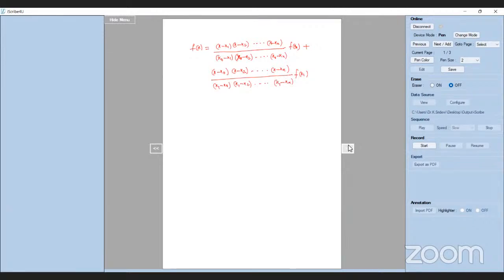Similarly, we can write another term also, and so on.